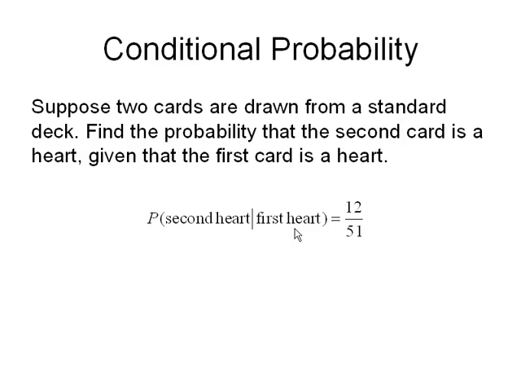So when I go to grab that second card, there are only 51 cards left. And because I've taken 1 of the 13 hearts out already, there are 12 hearts remaining. So the probability here, given that the first card is a heart, is 12/51. I don't need to go through using the definition of conditional probability. I can figure it out intuitively just by counting things up.